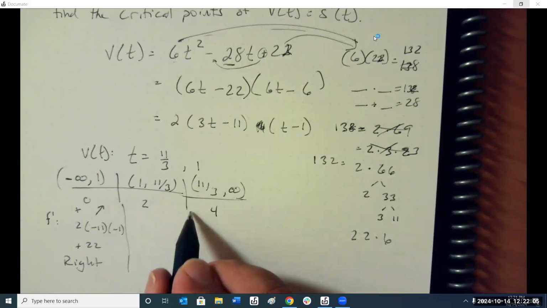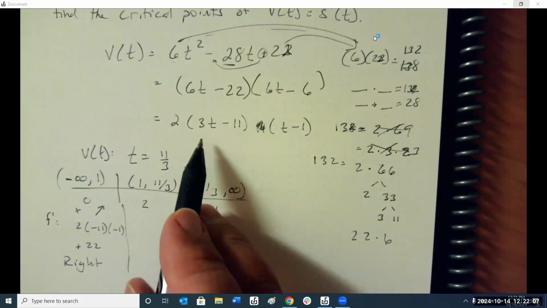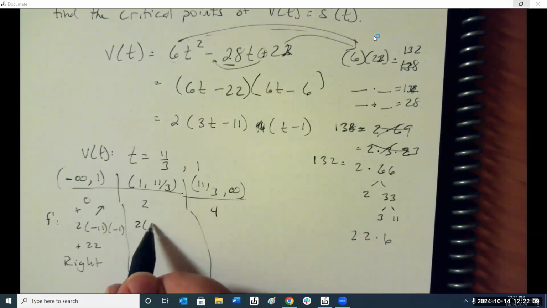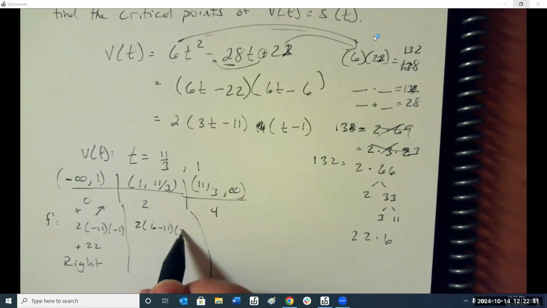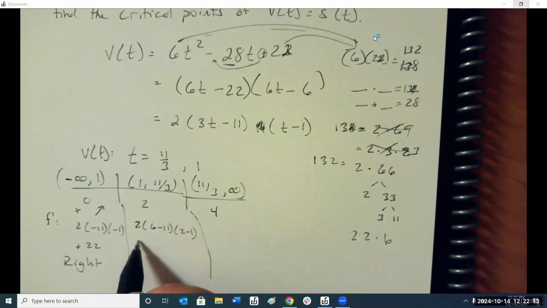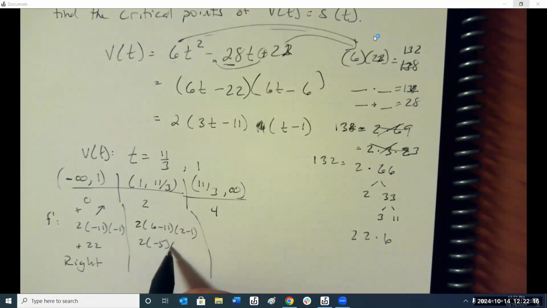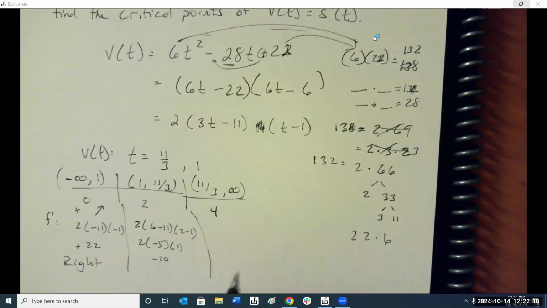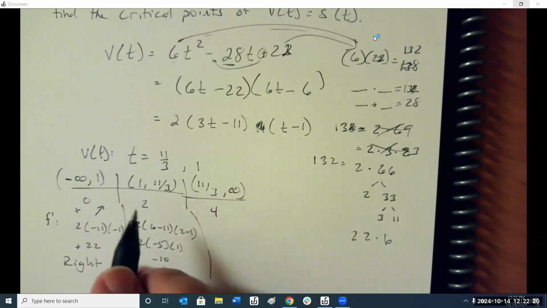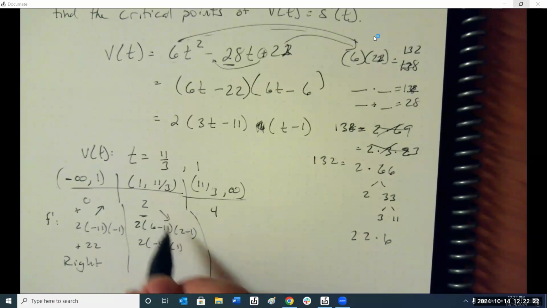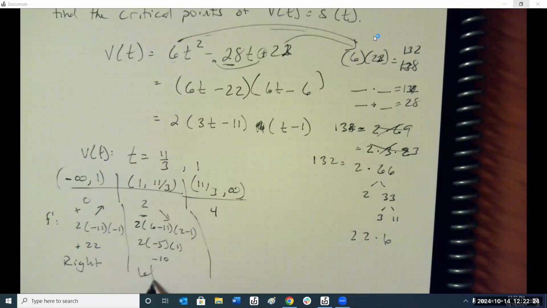If I put 2 inside there, 6 minus 11, 2 minus 1, 2, -5, 1, -10. So it's negative, it's decreasing, it's moving to the left.